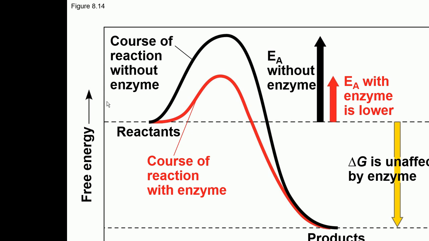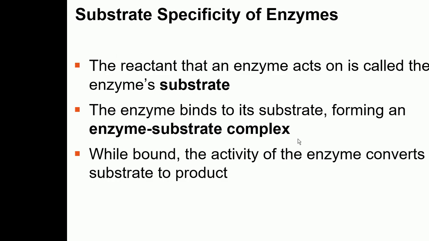When there was no enzyme, the reactants have free energy of this much and the products have free energy of this much. When the reaction is catalyzed with the enzyme, the reactants have this much free energy and the products have this much. So enzymes do not do anything to the free energy. The delta G stays unaffected.